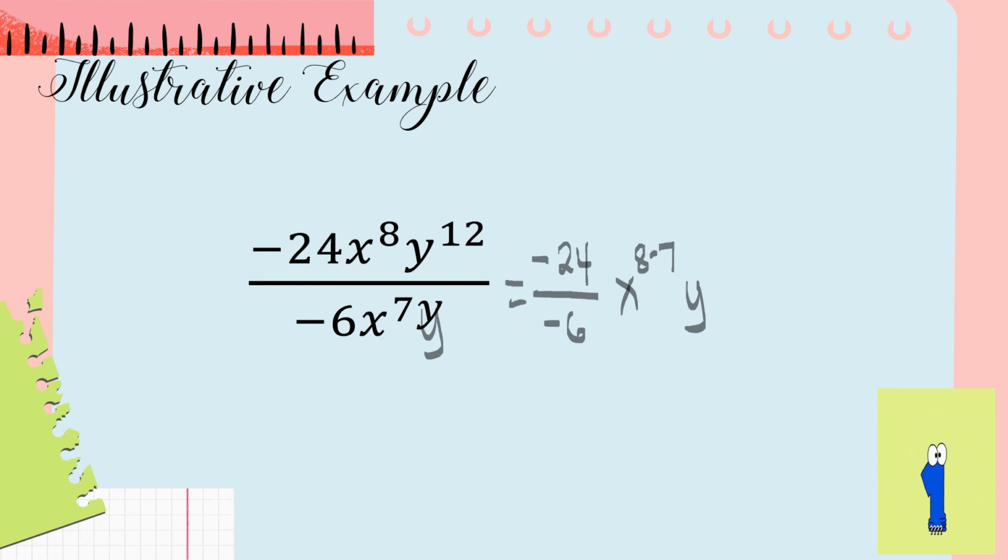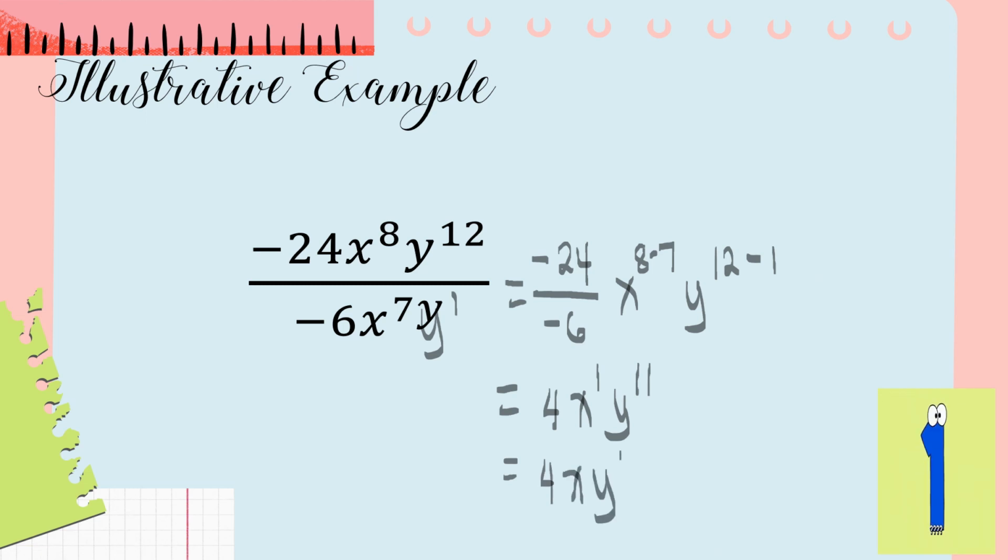And for y, we have 12 minus, this is understood to have an exponent of 1, so 12 minus 1. Negative 24 divided by negative 6 is positive 4. For x, 8 minus 7 is 1. For y, 12 minus 1 is 11. So this is simply 4x y raised to 11. I hope that this example is clear.